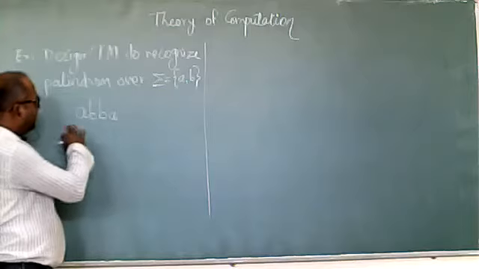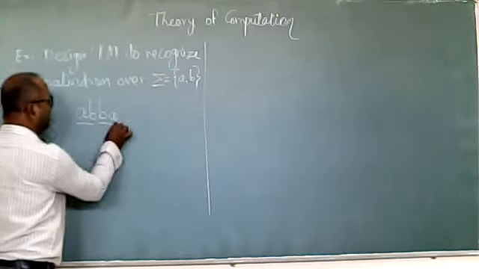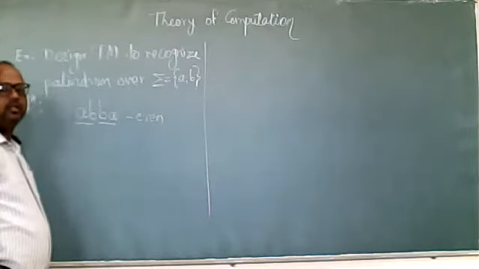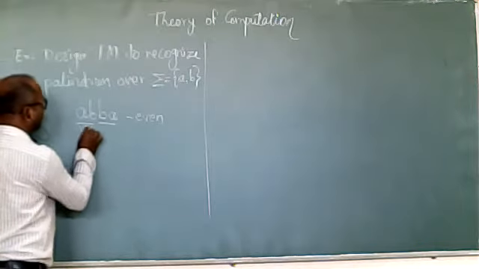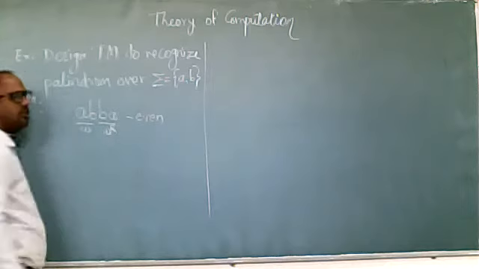Whenever we are designing the palindrome, we will get a string of even size. Now in this even size, if we call the first part a word W, the second part is always the reverse of that word.